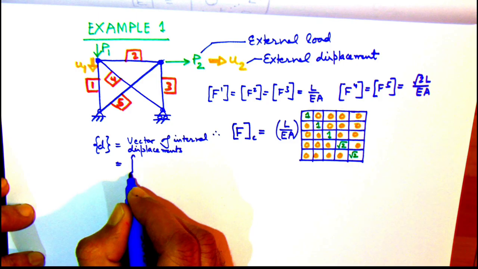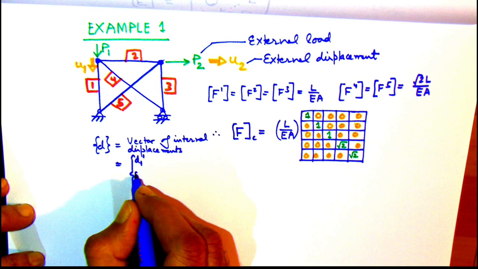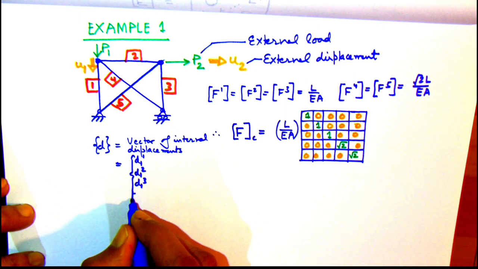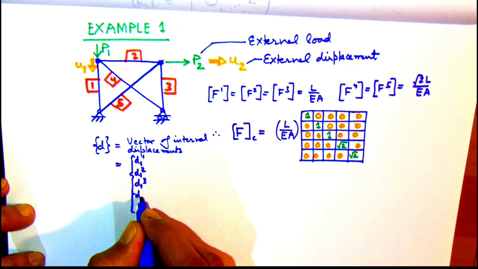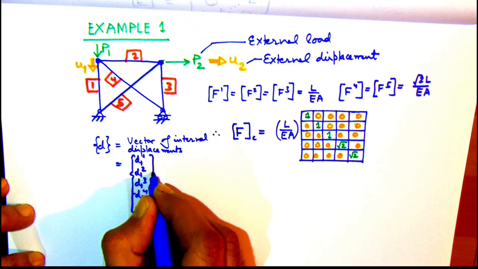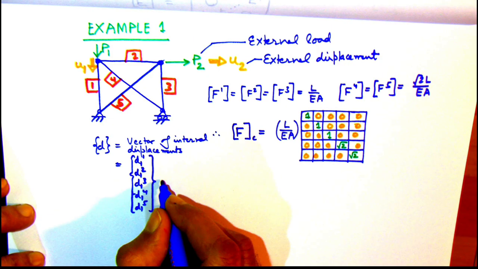So here we can also obtain the vector of the internal displacements and the vector of the internal forces. Both of these will be 5 by 1 because there are 5 elements, and these can be expressed as shown here in the form of the vector d and vector small f.